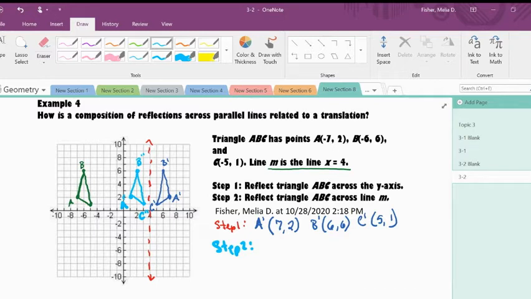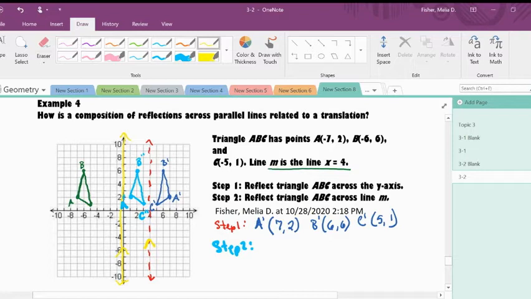So when we have a composition of reflections, we flipped it over and it was facing the other direction, and then we flipped it back. So now it's facing the same way it was to begin with. So if I reflect across parallel lines, we had the y-axis parallel to that line x equals 4.